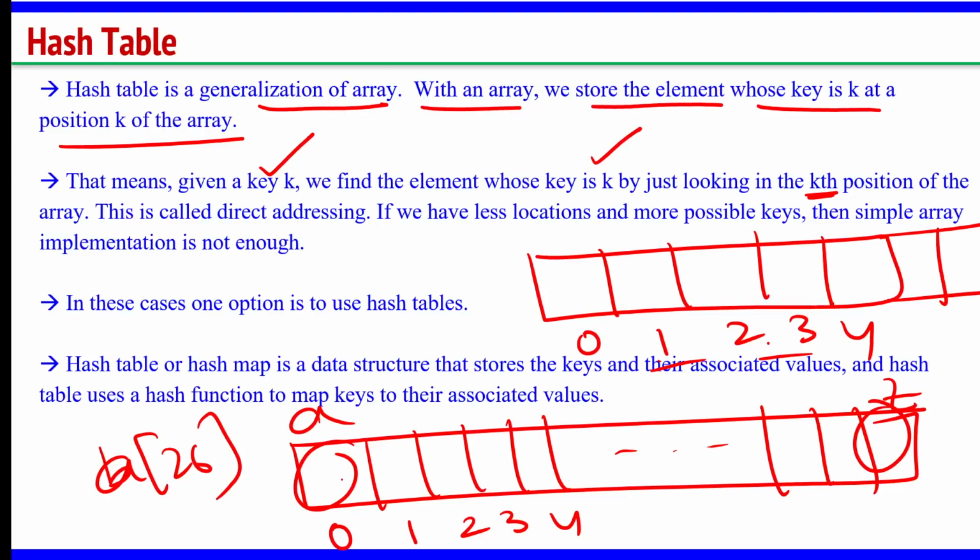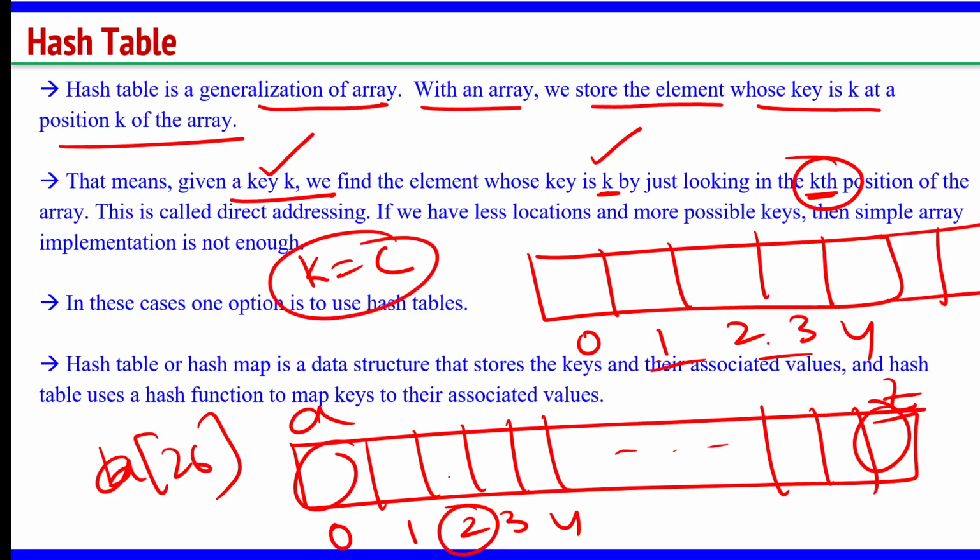Given a key k, suppose k is given as C, we find the element by looking at the kth position, meaning the third position, because C is the third character, and we tell what is the element in that location. This is called direct addressing.